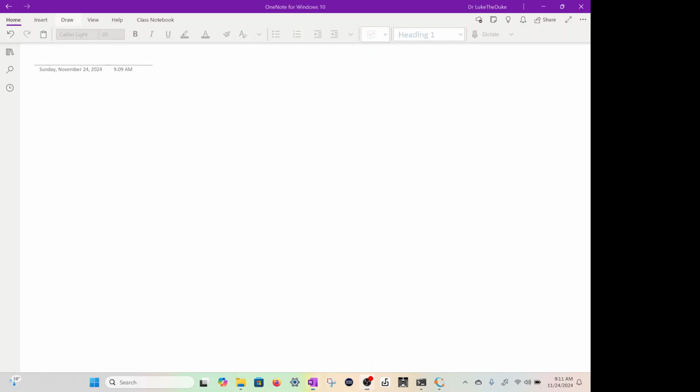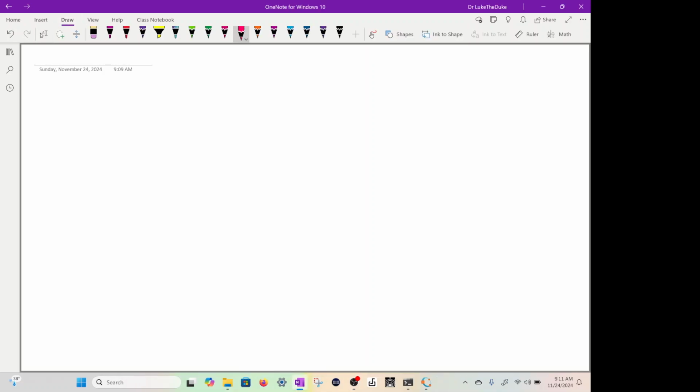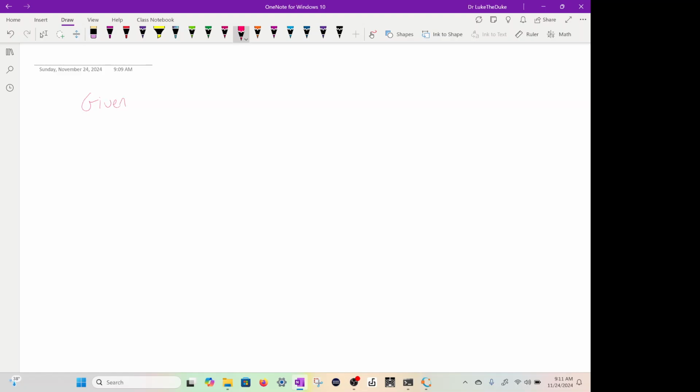So first, given. Let me zoom in a little bit more. We've got rho, which is 1,000 kilograms per meter cubed because we're dealing with water. We're going to need gravity, 9.81 meters per second squared.